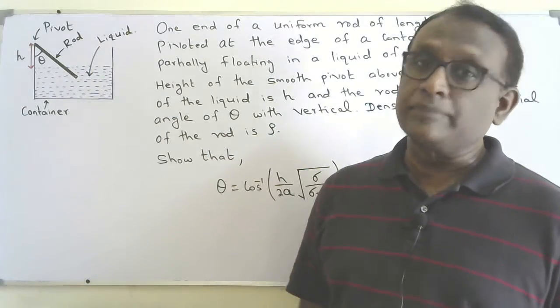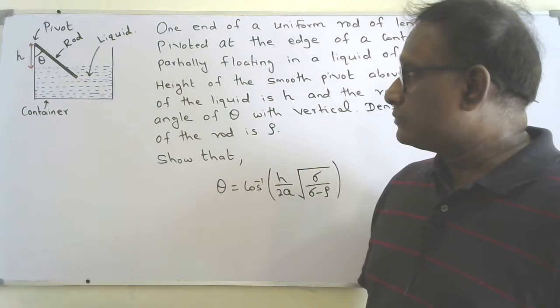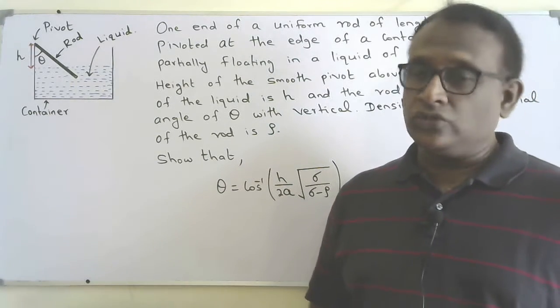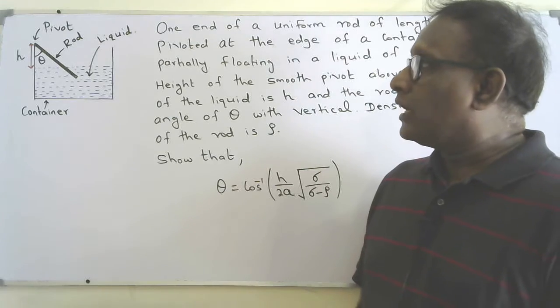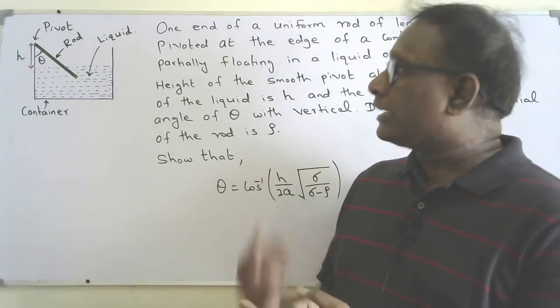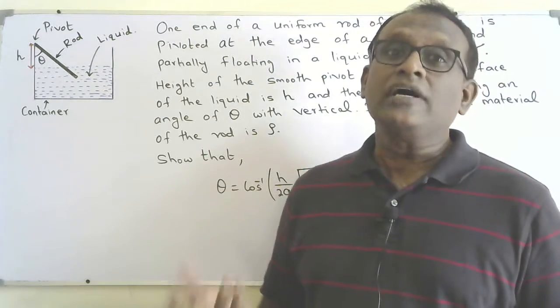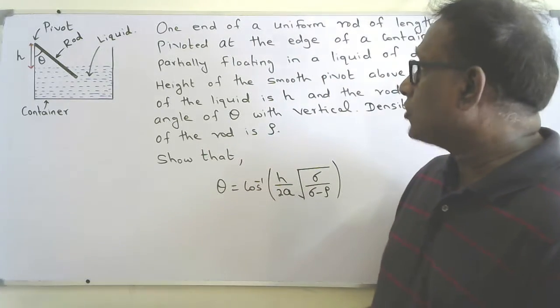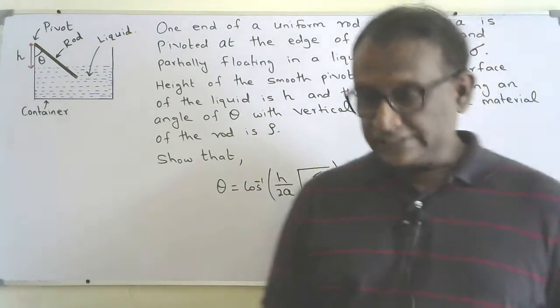We need to consider the principle of moments also. Clockwise moment equal to anti-clockwise moment. So it's an equilibrium. So this is actually a question which is related to the principle of moments, Archimedes principle, and also conditions for equilibrium, right? So we are going to use all these ideas to answer this question now.